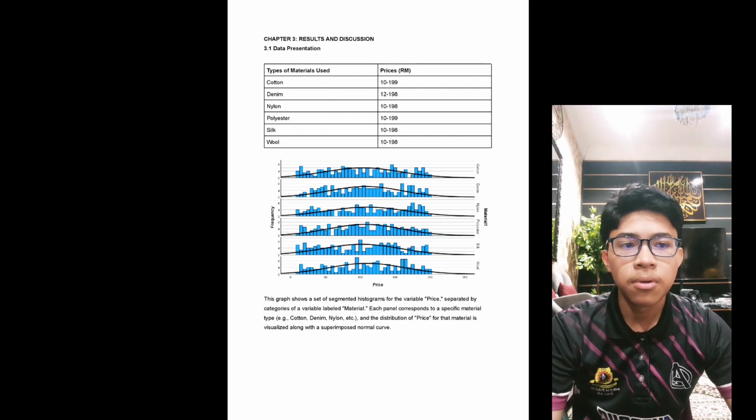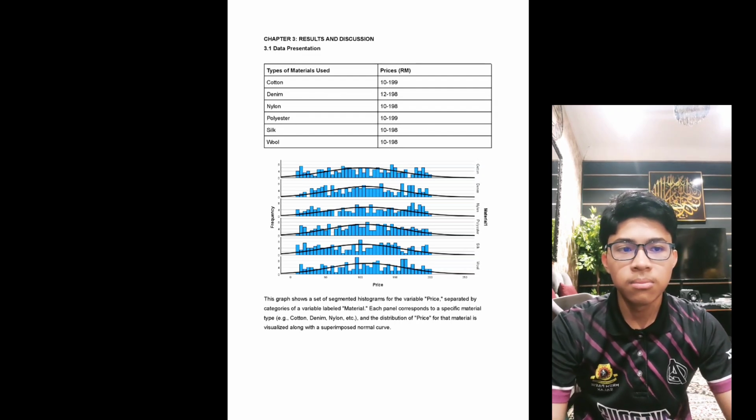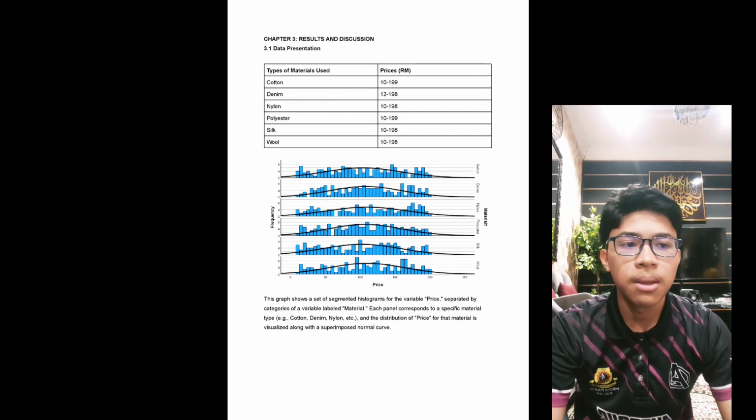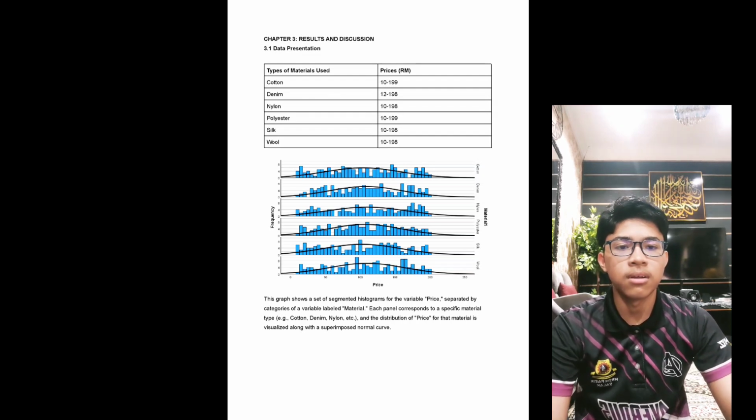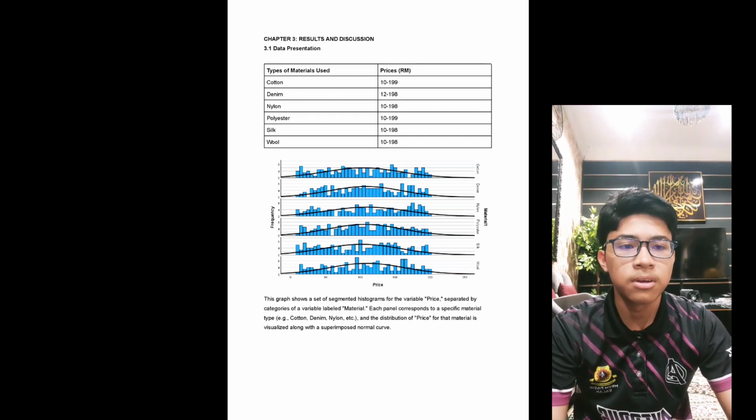Each panel corresponds to a specific material type, for example cotton, denim, nylon, etc. And the distribution of price for that material is visualized along with a superimposed normal curve.